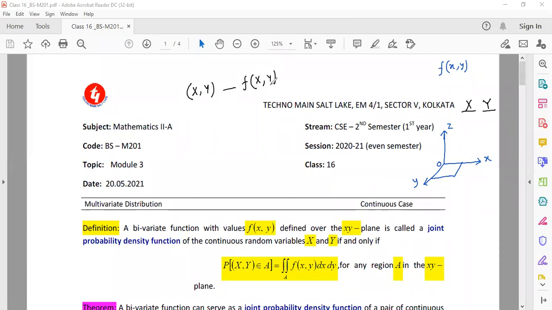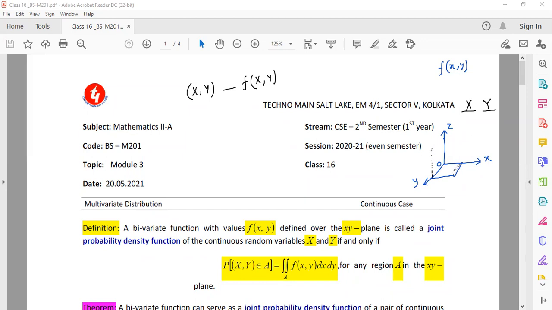In general, I can write it in this manner. I am writing the random variables inside the function, but you will think of this particular notation as different functional values for different pairs of points x and y. Now, gradually, if you go on doing like this, and since there are infinitely many possibilities, you are going to erect some structure.